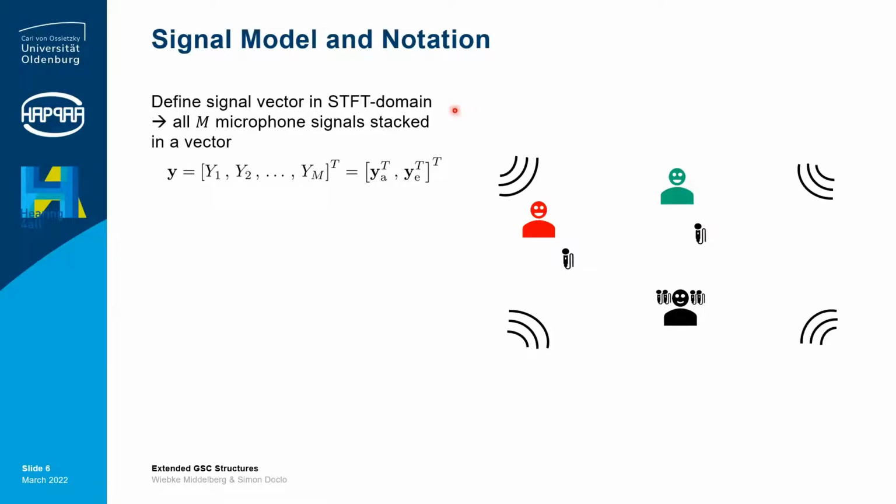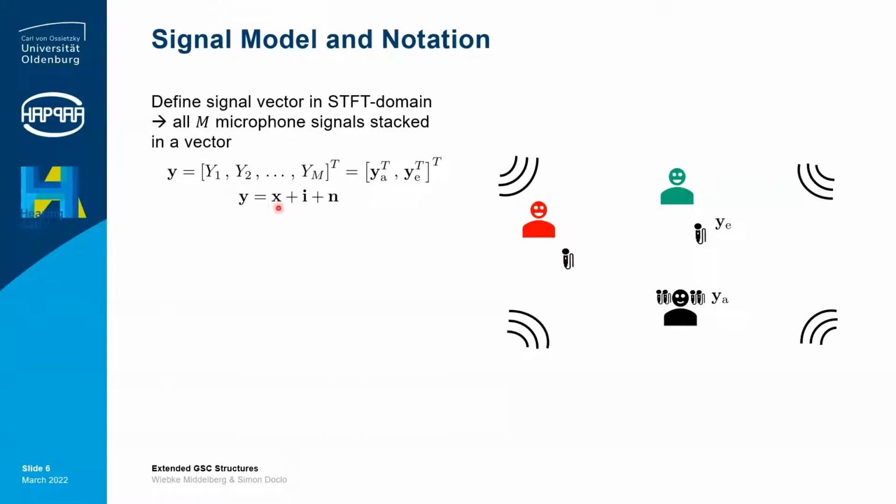We define our signal model in the short-time Fourier transform domain, where we stack all M available microphones into our signal vector Y, which means that it contains both the hearing aid microphone signals and the external microphone signals. In this vector notation, we can write the noisy input vector as the sum of the target, interfering, and noise component.